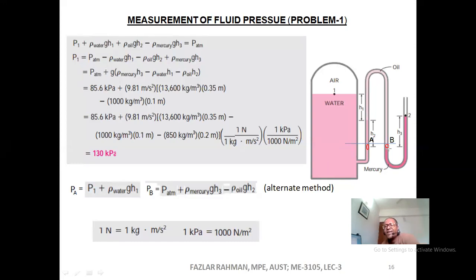It is not the same fluid, because this side has water, and top of point B has oil and bottom mercury. So there is no way you can swim from right here to right here. You have to look a little carefully.